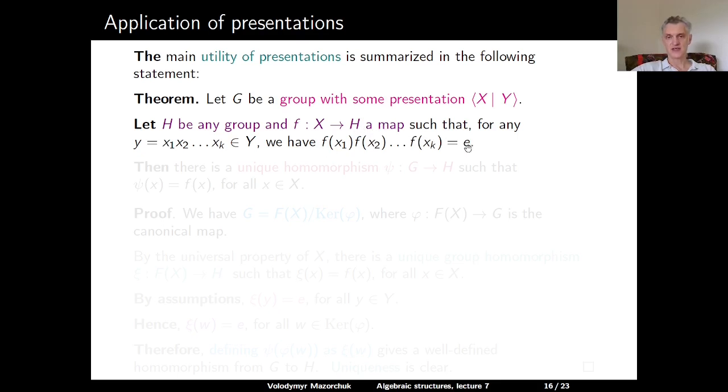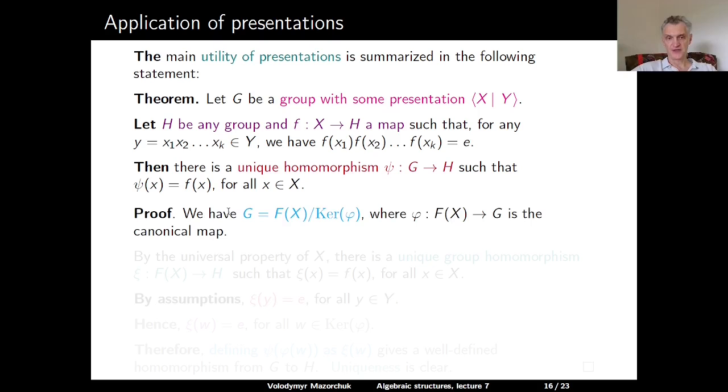So all relations are sent to the identity. Then there is a unique homomorphism psi from G to H such that psi coincides with f on all generators.